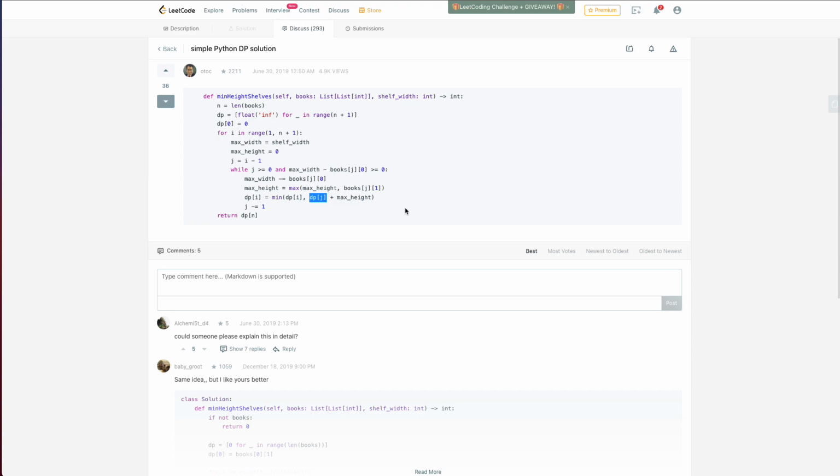So I guess this is trying to say if I look back J books, I can at maximum get this many books to the next shelf. And then for each of those possibilities, but why max height? I don't get this max height.